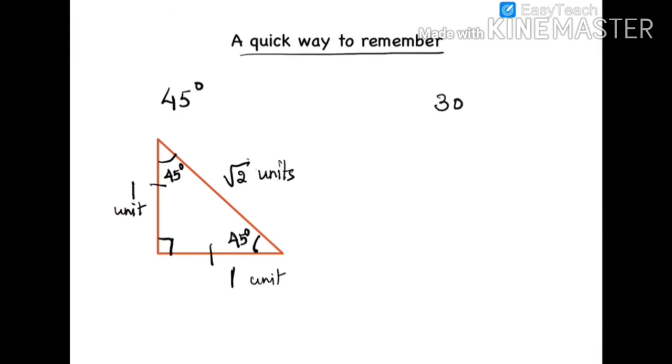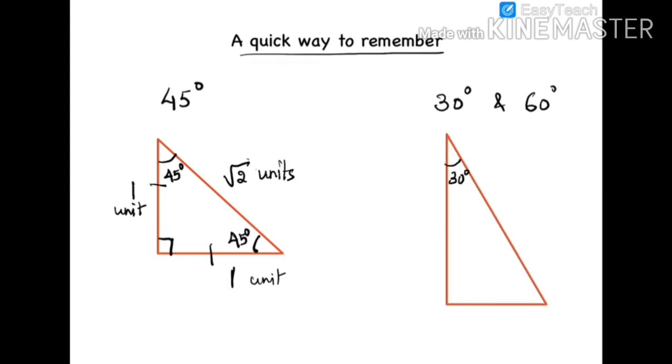To be able to write the ratios for 30-degree and 60 degrees, all you need to do is remember a right angle triangle in which one angle is 30 degrees and the other acute angle is 60 degrees. And we are going to mark the sides of this triangle in this manner. The longest side is the hypotenuse, so that is going to be 2 units.